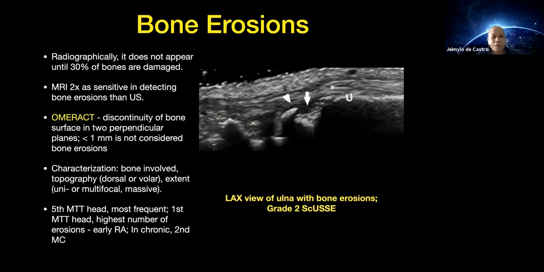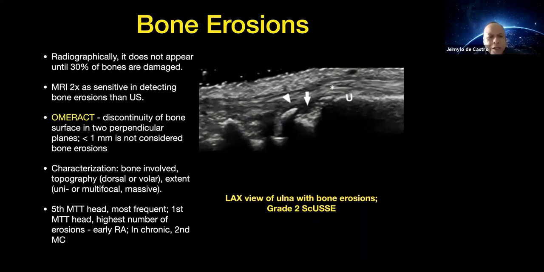And the characterization is that it is usually seen either at the dorsal or volar aspect, and it could be unifocal, or it could be multifocal, it could be massive. And if you are looking at the signs for early rheumatoid arthritis, for example, the best place to check that is at the 5th metatarsal head, where it is most frequent.